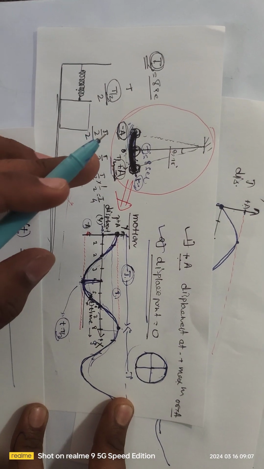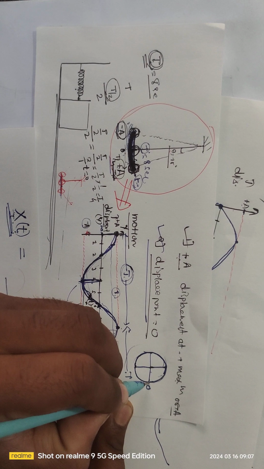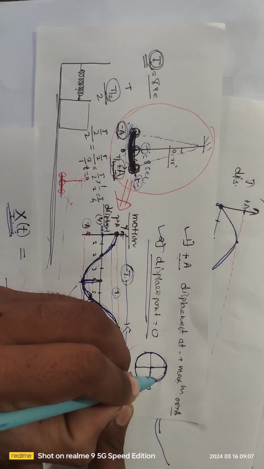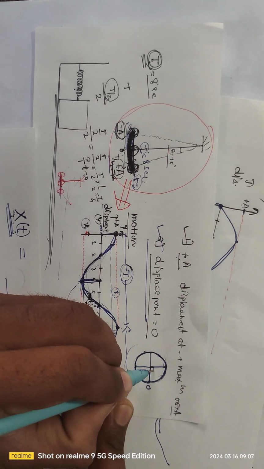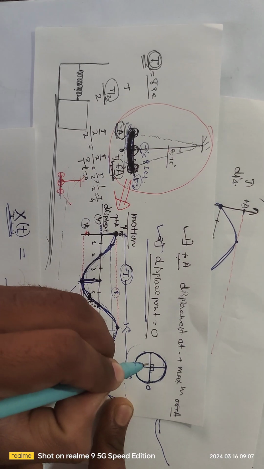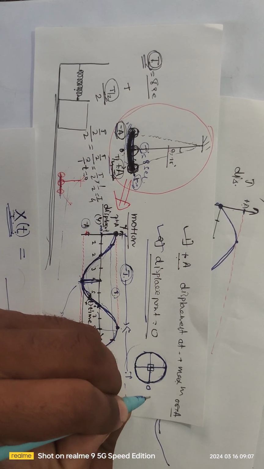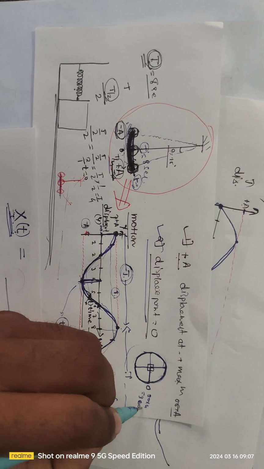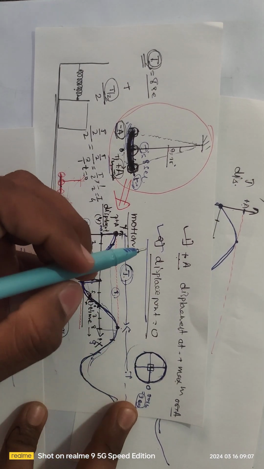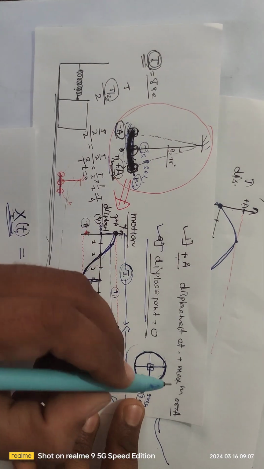In a circle, if I start from 0 and cover the whole path, it is 90 degrees, again 90 degrees, a third 90 degrees, and a fourth 90 degrees. So 90 multiplied by 4 is 360 degrees.